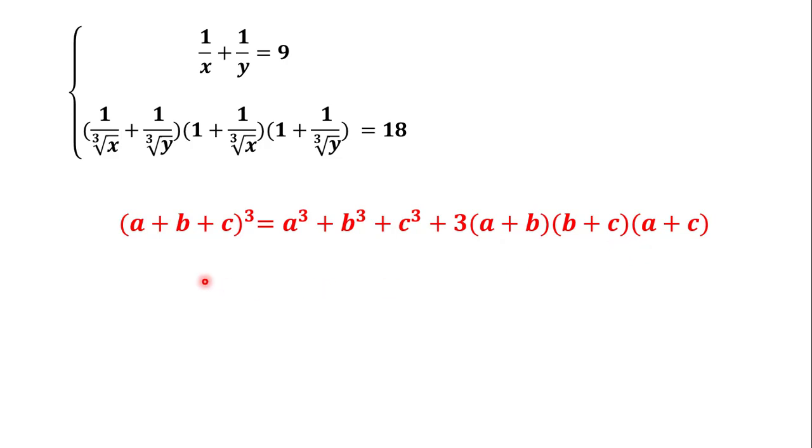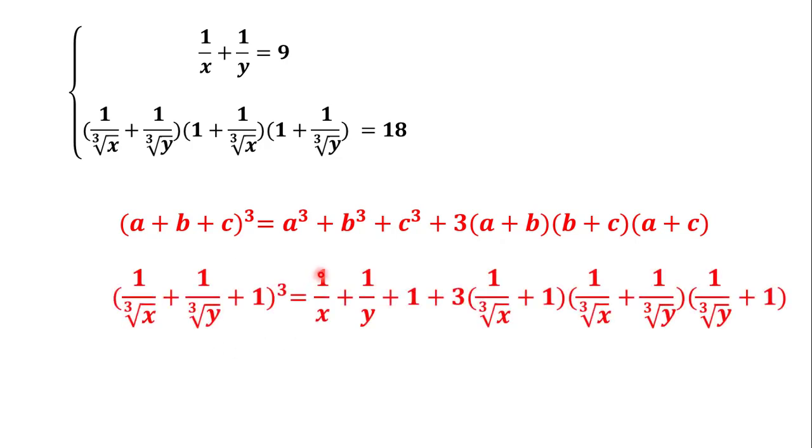If we put a equals 1 over cube root of x, b equals 1 over cube root of y, and c equals 1, we are going to get 1 over x plus 1 over y plus 1 plus 3 times (1 over cube root of x plus 1) times (1 over cube root of x plus 1 over cube root of y) times (1 over cube root of y plus 1) equals (1 over cube root of x plus 1 over cube root of y plus 1) all to the power 3.